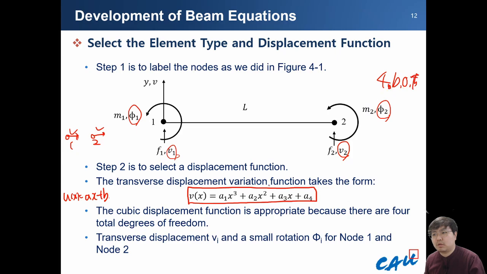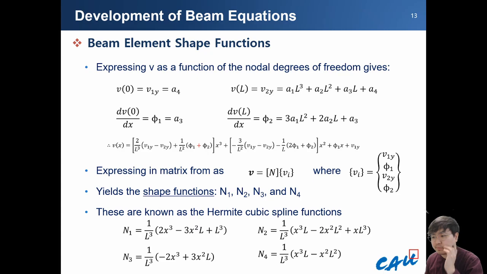That means we should find four coefficients, four unknown variables. That's why we use this third order polynomial displacement function. So this is the starting point.